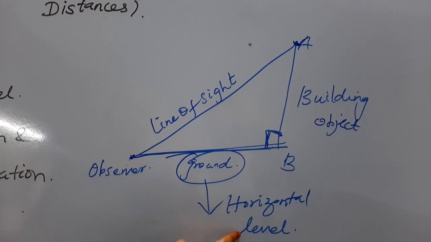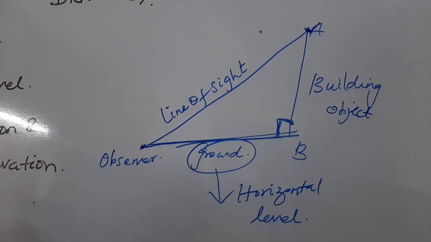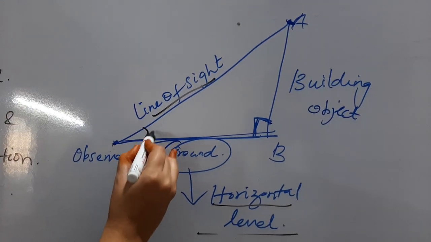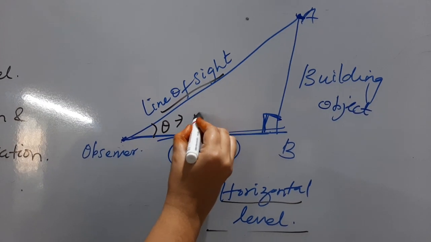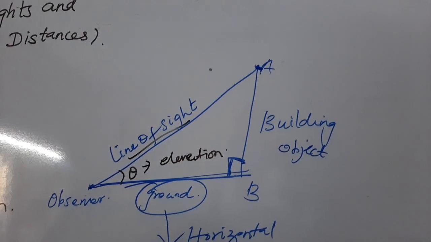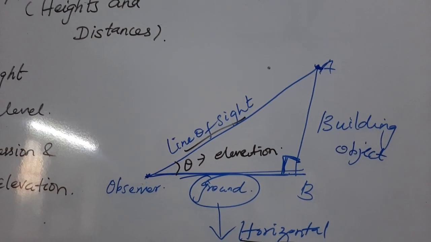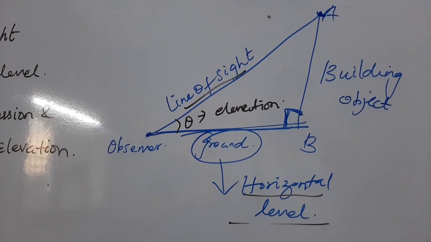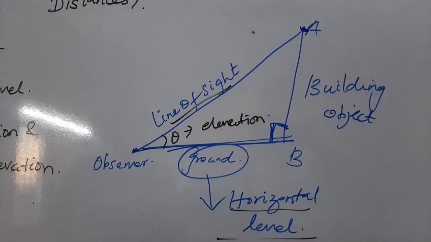When the line of sight is above your horizontal level, the angle made is the angle of elevation. When the line of sight is below the horizontal level, at that point of time the angle made is the angle of depression.